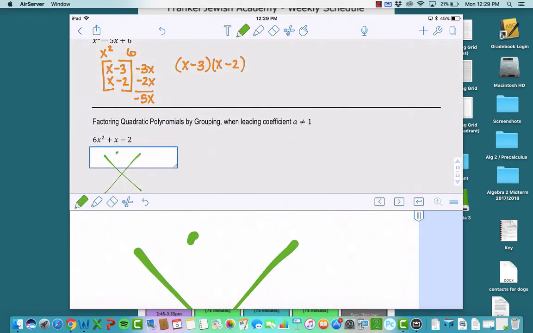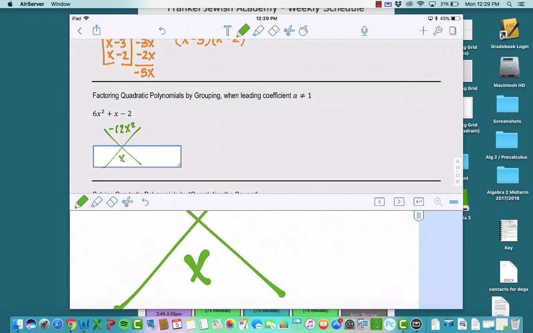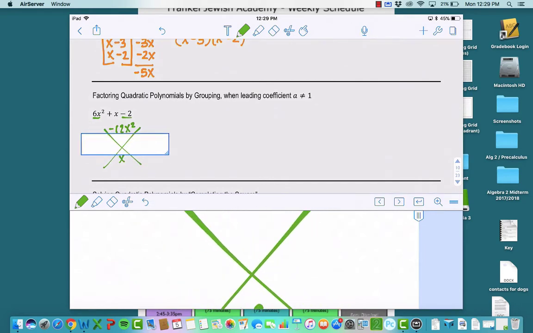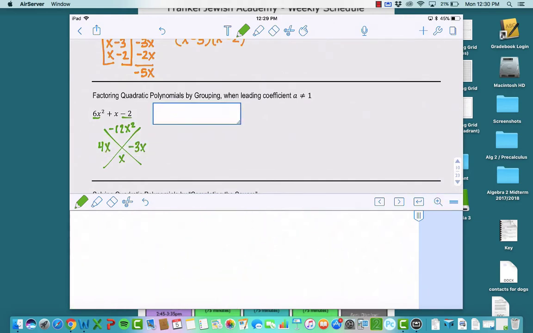So we put 12x squared on top, negative 12x squared, don't forget the sign. And then x down here, you multiply this and this together to get the top, which is negative 12. I have to think of something that multiplies to negative 12 and adds to positive x, which is 4x and negative 3x.